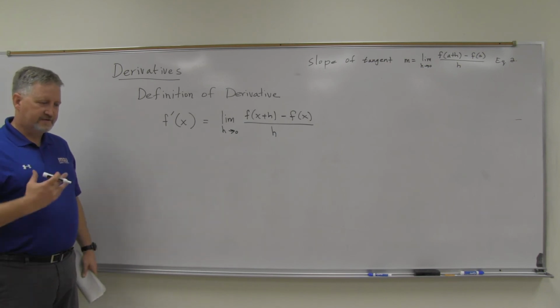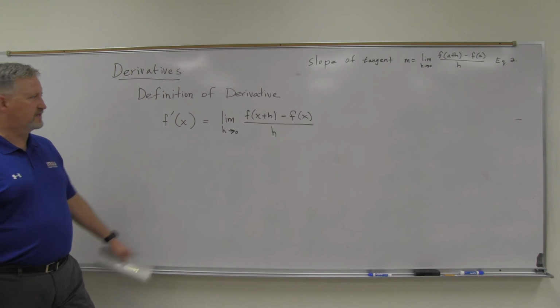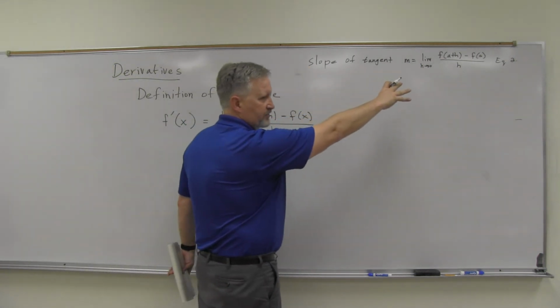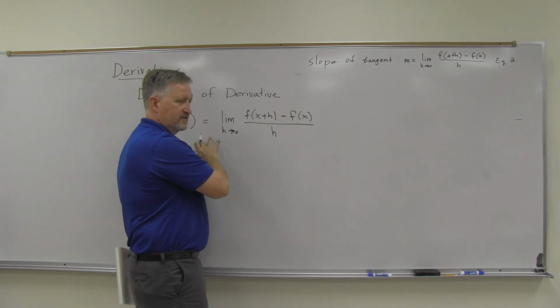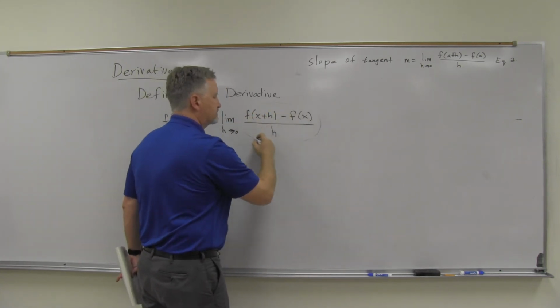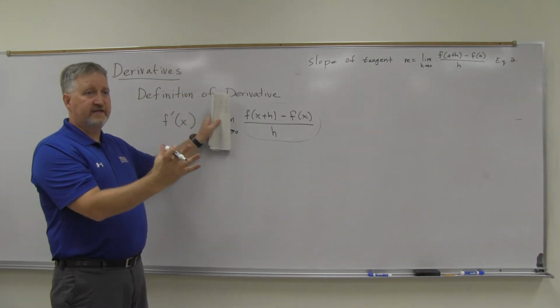Now let's try not to lose sight of what this is. It's again the slope of the tangent, but where does this come from? Why was that the slope of the tangent, and so why is this our derivative? Well, you remember what this is right here? That's just the slope of a secant line.